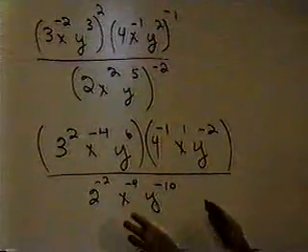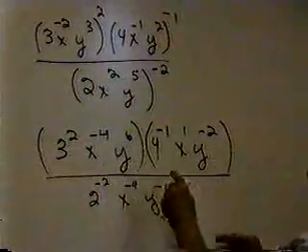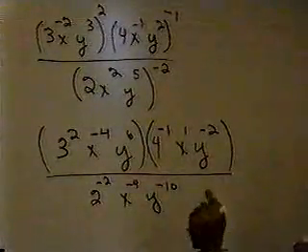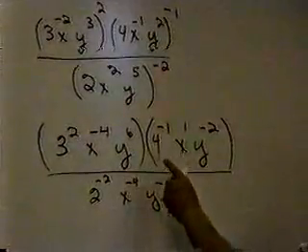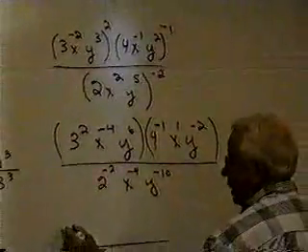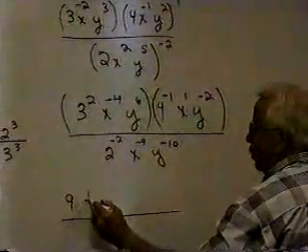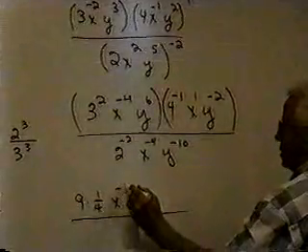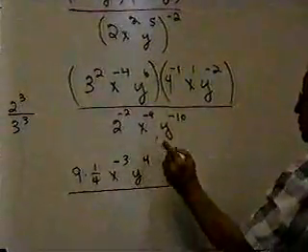Now notice I threw away the parentheses here, but I didn't here because we've got to multiply these back together, so I wanted to keep those separate. All right, so here we go. Next step. So we have 3 squared, which is 9, times 1 over 4, times x to the minus 3, times y to the plus 4.